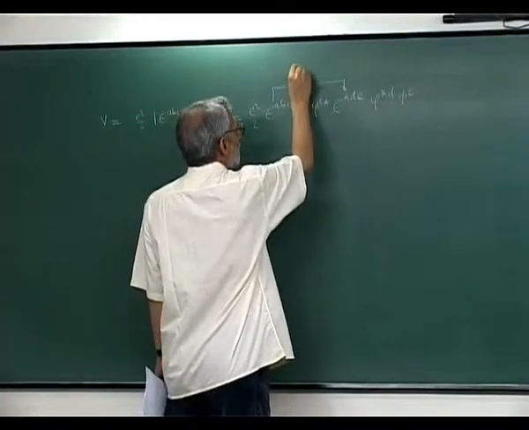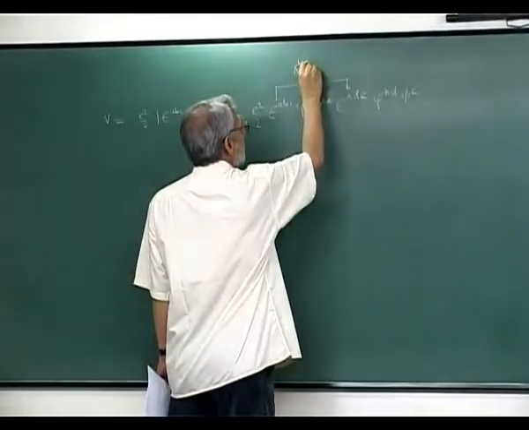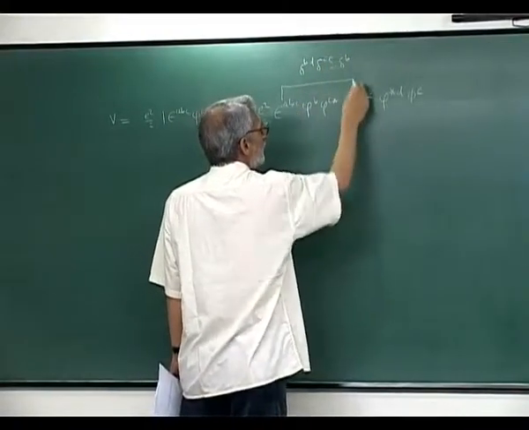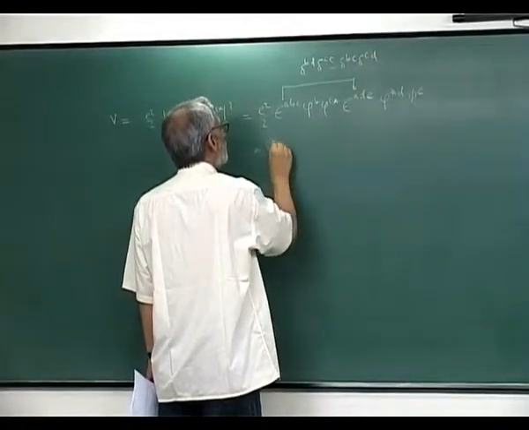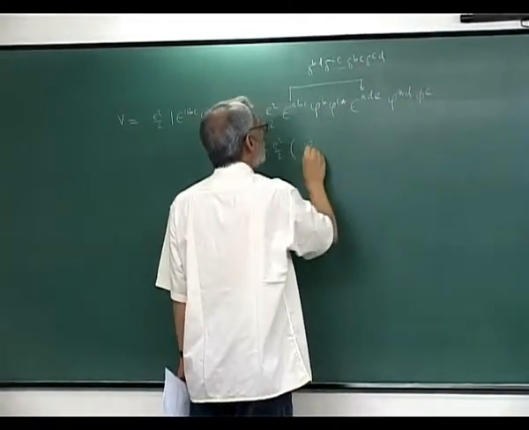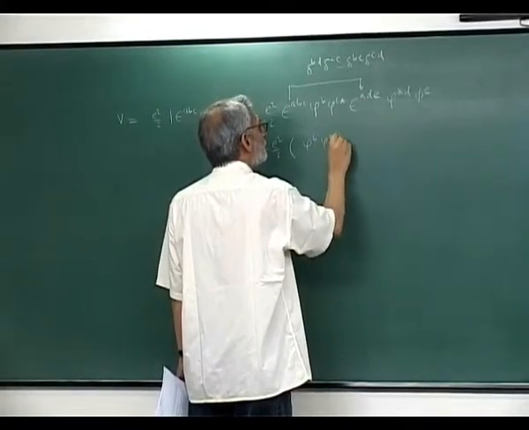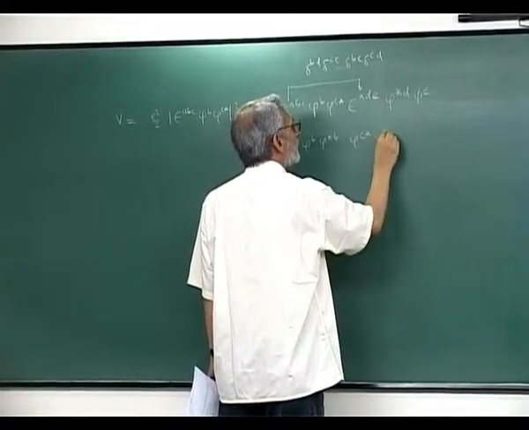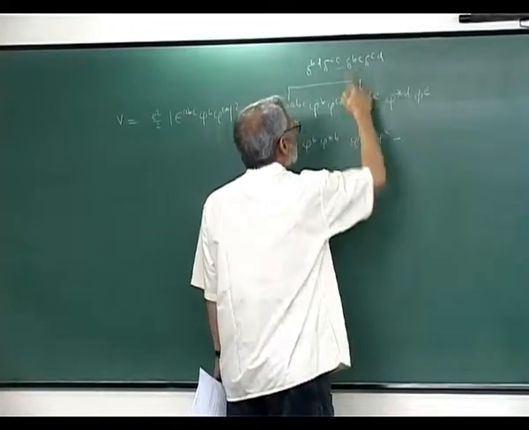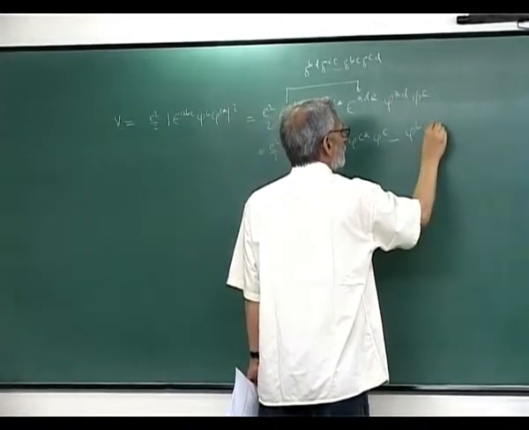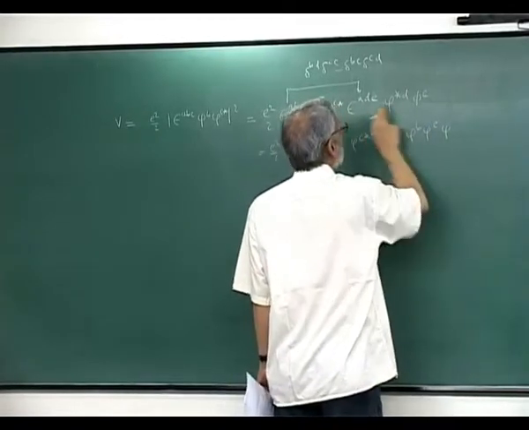These two objects are delta B,D delta C,E minus delta B,E delta C,D. So delta B with D, delta C with delta E. This term is delta B with E, delta C with D.